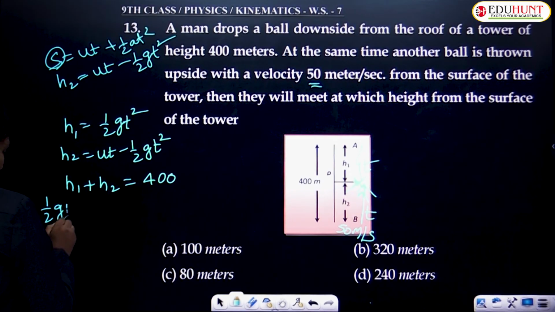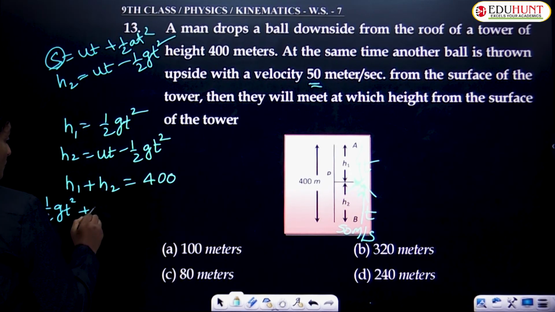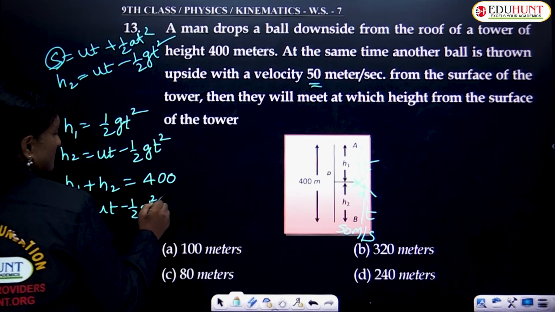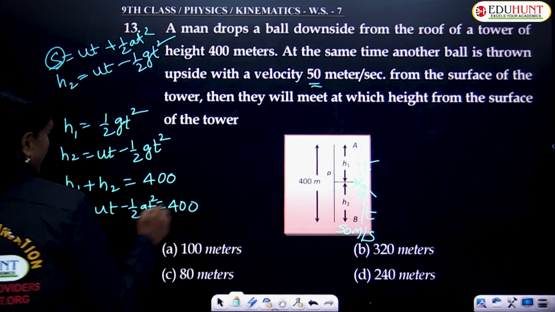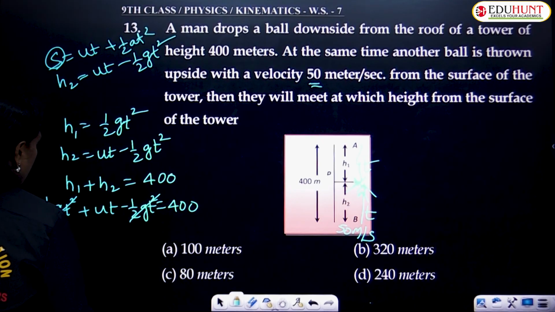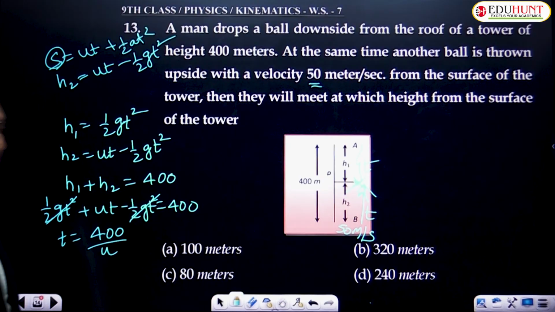Half g t square, and h2 is ut minus half g t square. So h1 plus h2 is 400, which gives 400 minus half g t square plus half g t square. ut is equal to 400, or t is equal to 400 by u, isn't it, children? Time is equal to 400 by u.